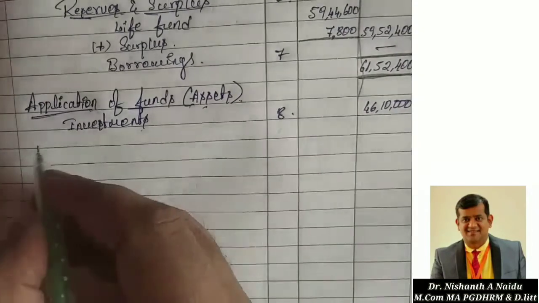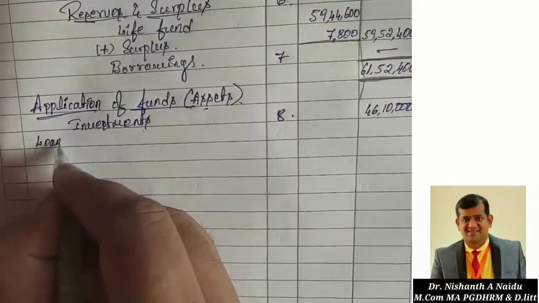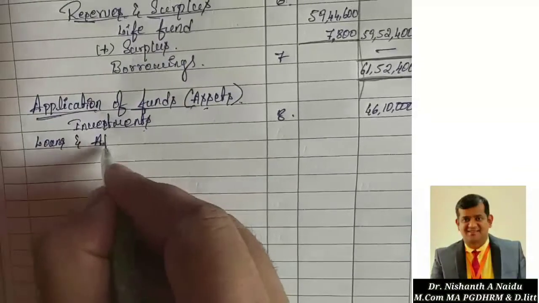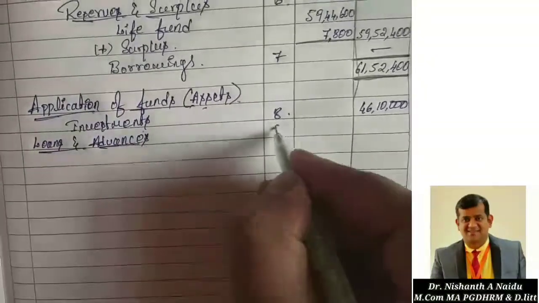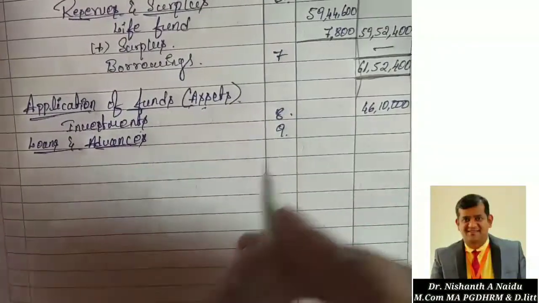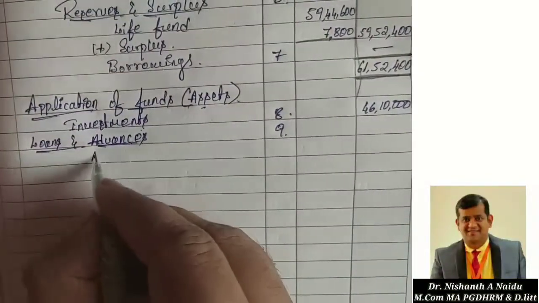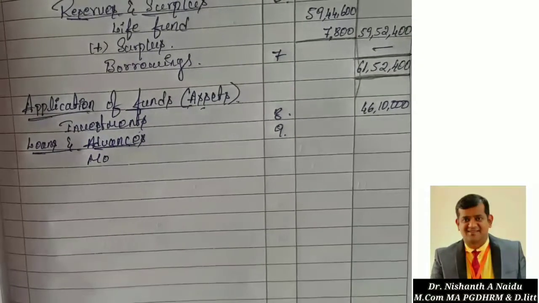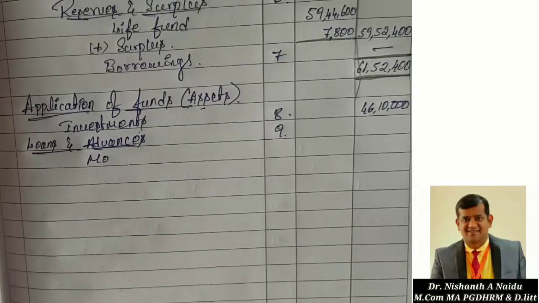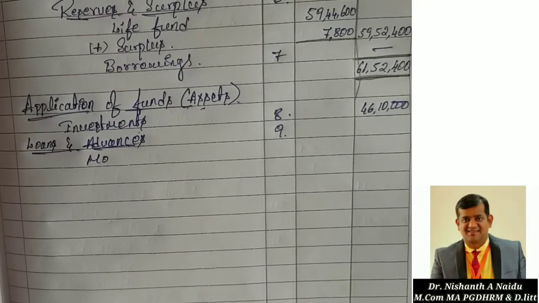Okay. So then we have loans and advances, that is going to be schedule number 9. So in that first item we always have what? Check schedule number 9. Mortgages in India 9 lakh 84,400.